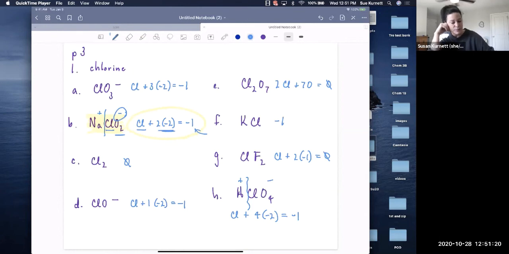Okay, so for the first one, chlorine minus 6 equals -1, it must be +5. Chlorine minus 4 equals -1, add 4 to both sides. Chlorine is +3.